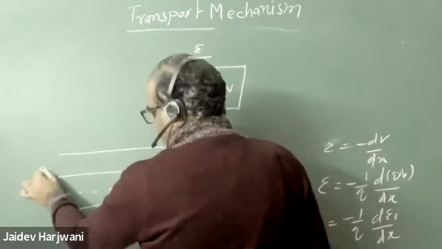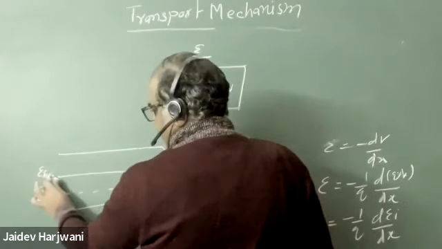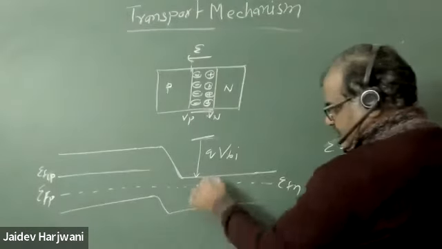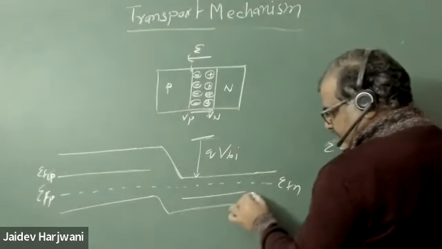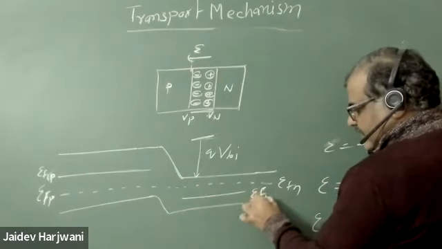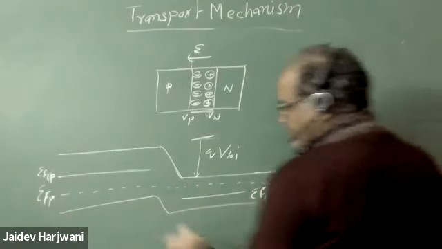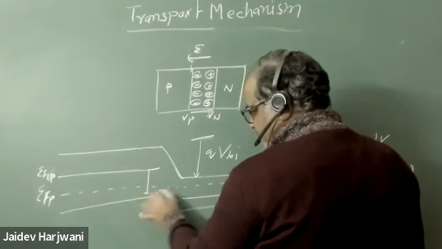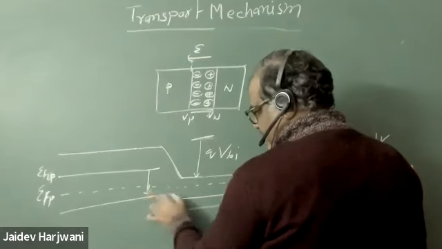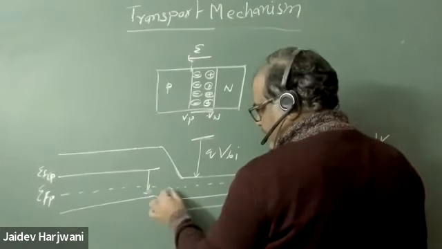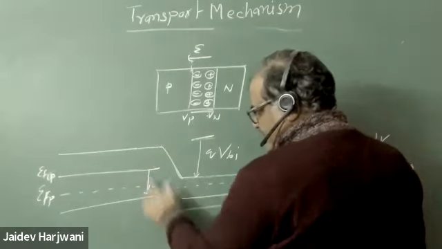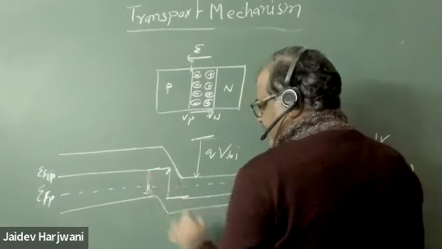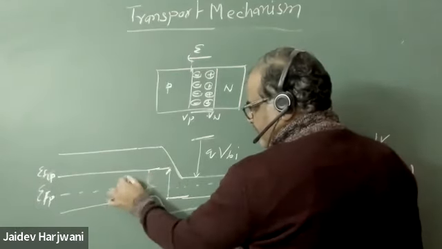So this is your EFN, EFP, and EFI on each side, the middle, that is called your EFIP and EFIN. Now the difference between these two Fermi levels is called your qVBI.